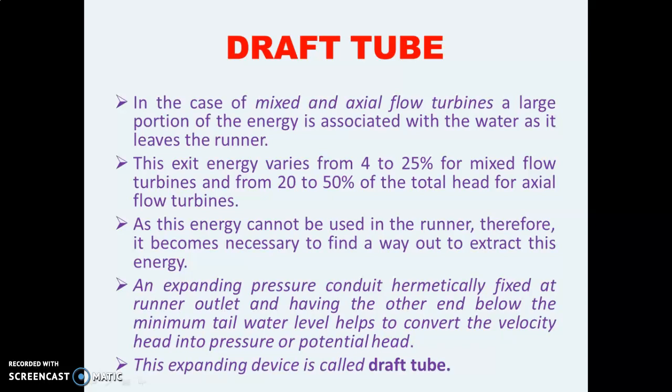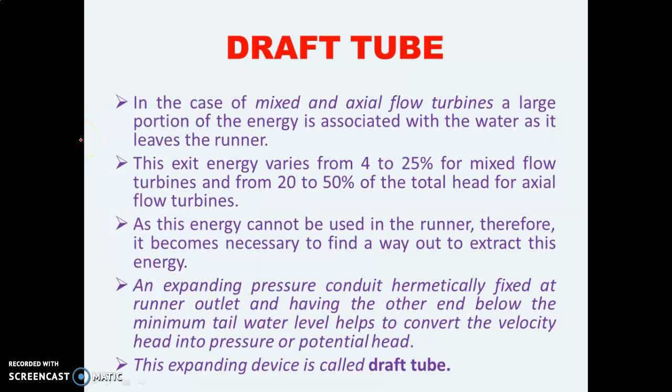But in the case of mixed and axial flow turbines, a large portion of the energy is associated with the water as it leaves the runner. Now what is its meaning? We'll see.